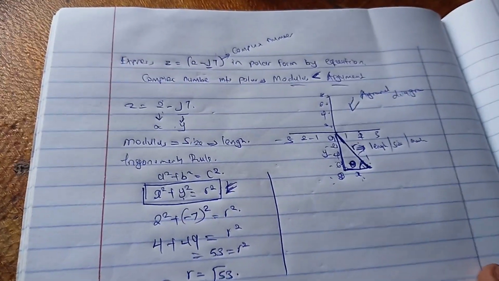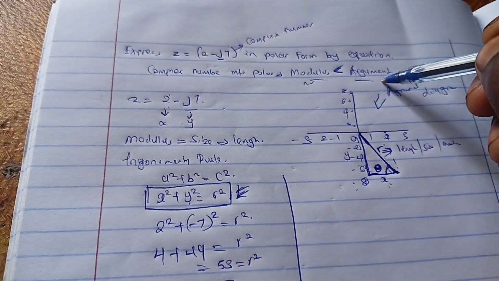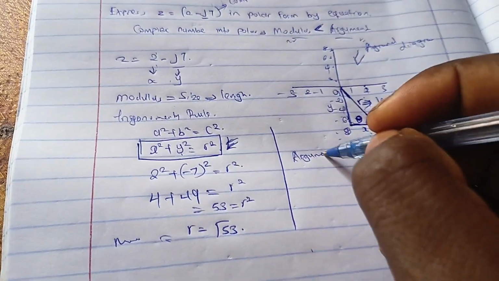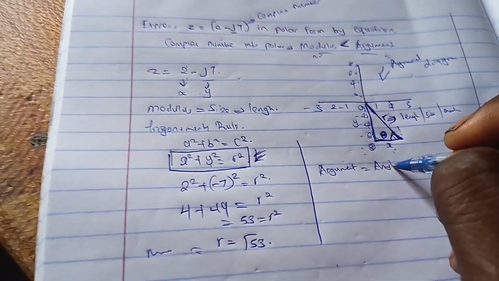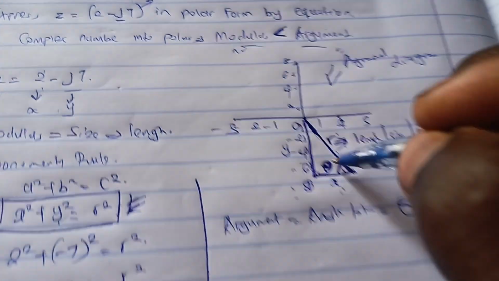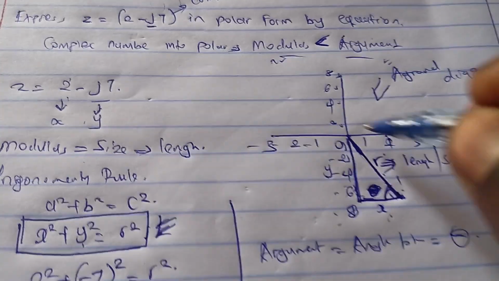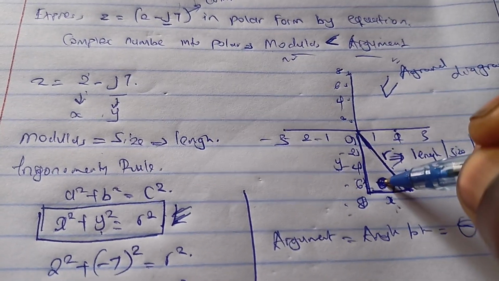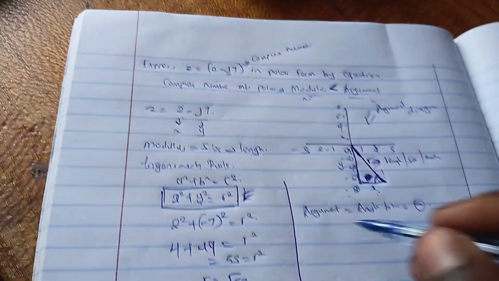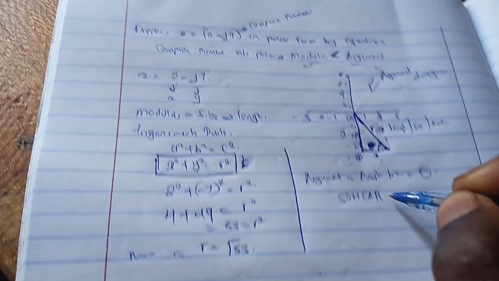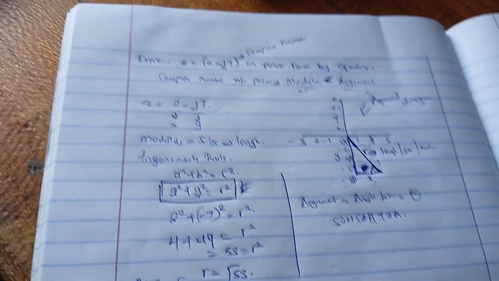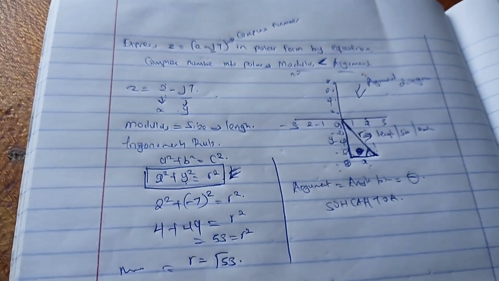That was the modulus. To find the argument, we say that the argument is the same as the angle, the same as theta. So we want to find this theta. This is a right angle triangle. To find theta, we always use the trigonometry ratios, SOHCAHTOA. Engineers always work with what they have.